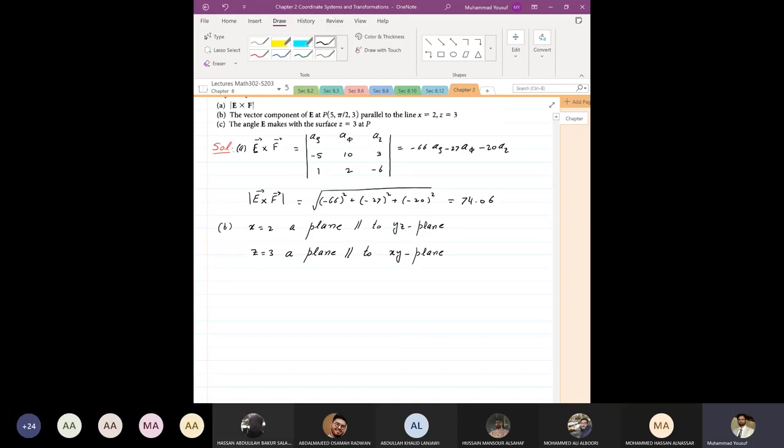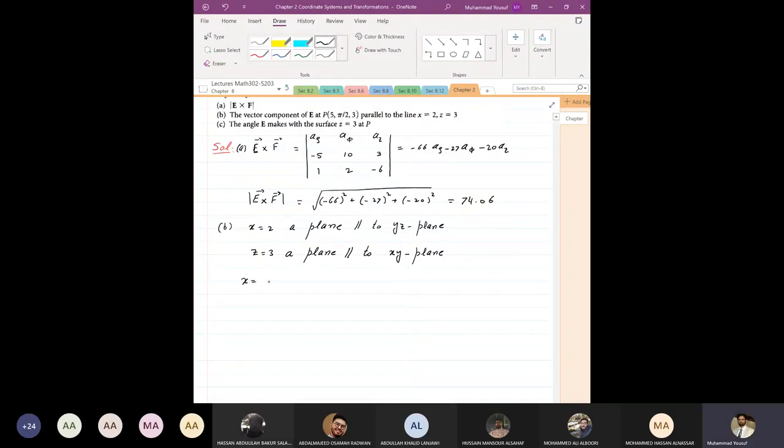So this is one horizontal plane, one vertical plane. You can just imagine by putting your two hands, one horizontal, one vertical, and where do they intersect? That will be a line.